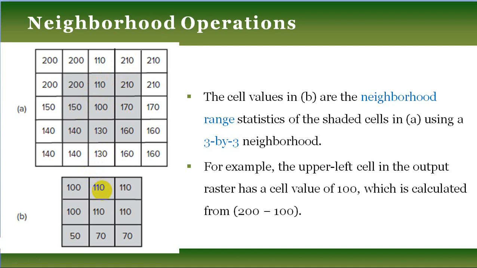In this way, as per your requirement, we can calculate the highest value minus the lowest value. Once you get it, you will get the range value, highest minus lowest. So in this way, neighborhood range statistics are calculated for every pixel in the output raster.